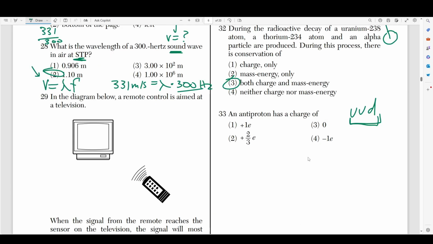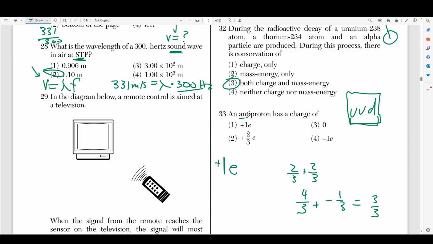So 2/3 plus 2/3 is going to be 4/3. And now a down quark is going to be -1/3. So 4/3 plus -1/3 is equal to 3/3. So because we knew this up, up, down configuration of a proton, we now know that the charge of a proton is going to be 1, or plus 1e.